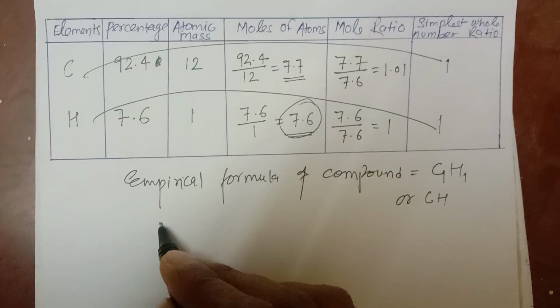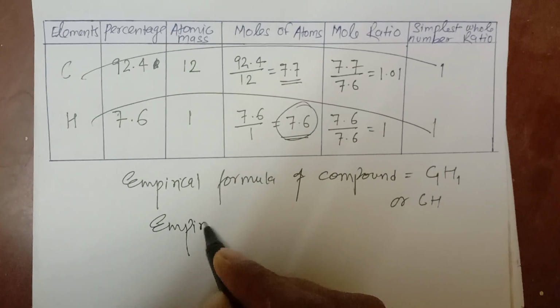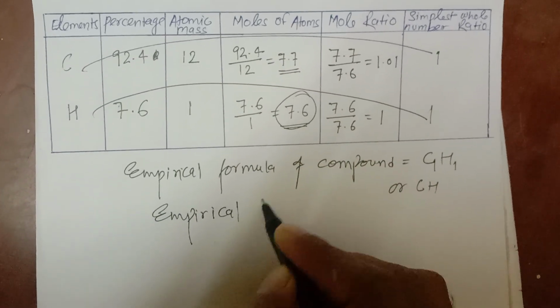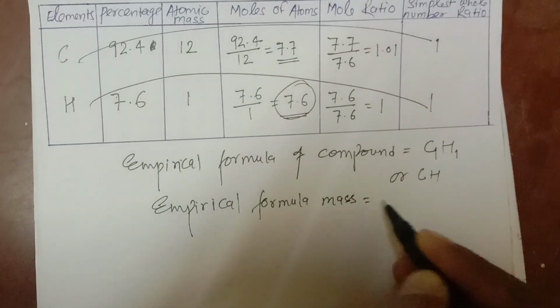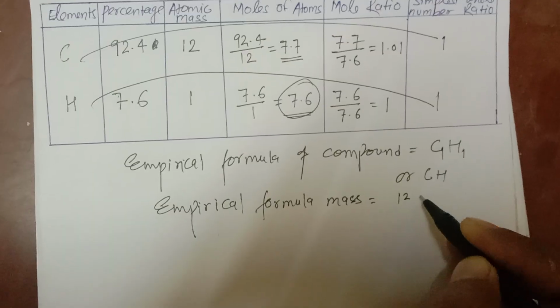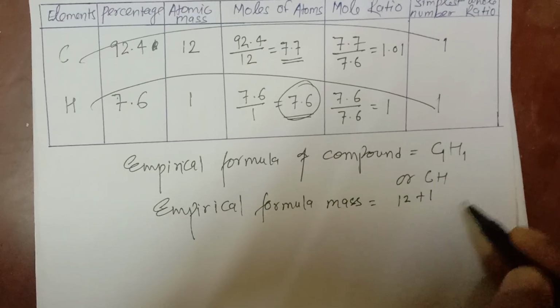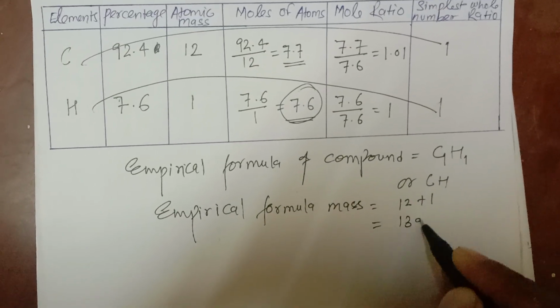Now you have to find out the empirical formula mass. The mass of carbon is 12, the mass of hydrogen is 1. In total it will be equal to 13 gram.